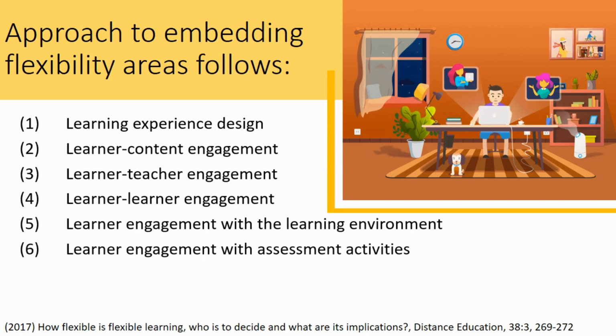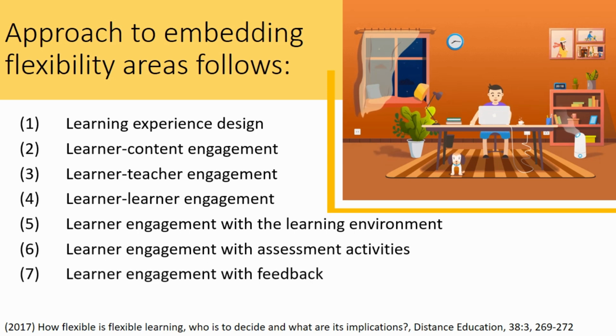This is about choices learners have in relation to the fulfillment of their assessment requirements. Seventh is the learner engagement with feedback. This is about choices learners have in relation to access to feedback on their learning and assessment activities.